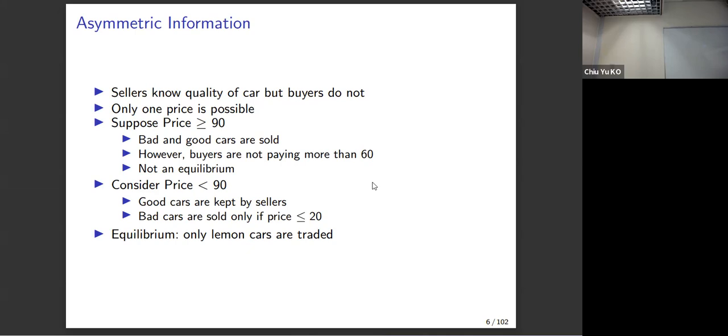Only the bad car, and so the price is only 20 or less. The second-hand market only has lemons. No good cars, only bad ones. The market breaks down: the good cars shut down and the bad cars remain.